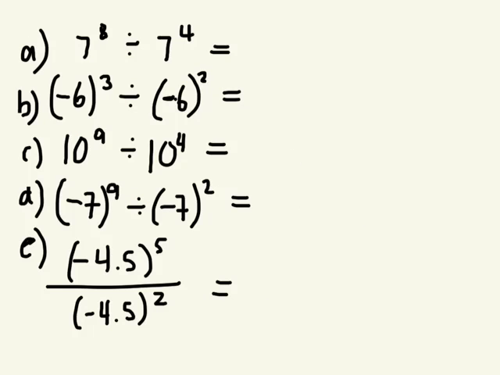Good. So we're going to go through these examples. A, 7 to the power of 8 divided by 7 to the power of 4 is 7 to the power of 4. B, Maria. 10 to the power of 5. Good. 10 to the power of 5. D, Marie.